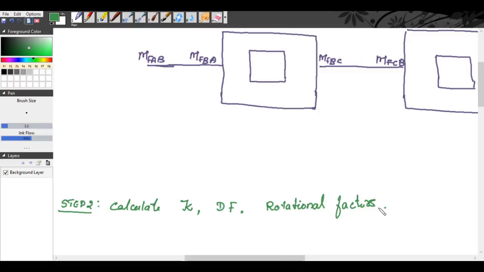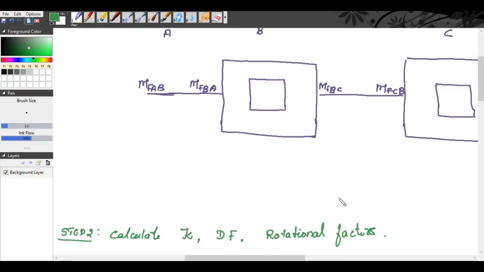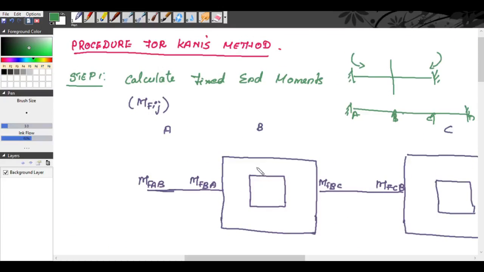After finding the rotational factors for all the members meeting at each joint, if you have A, B, C, D, you will find the rotational factors for B and C. These values are entered outside the first circle.